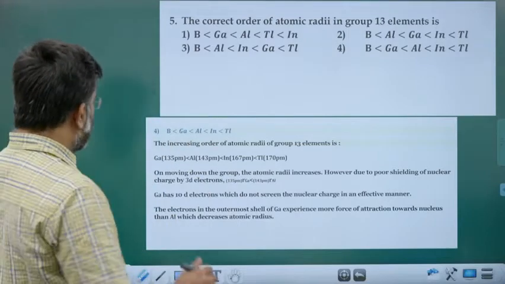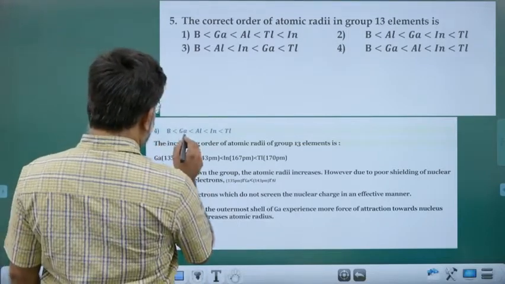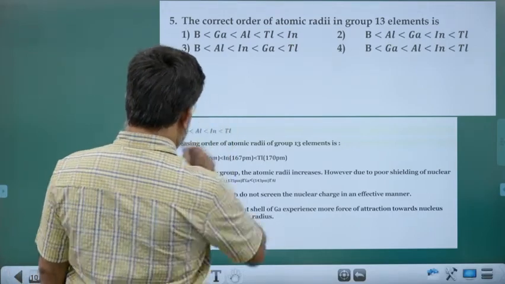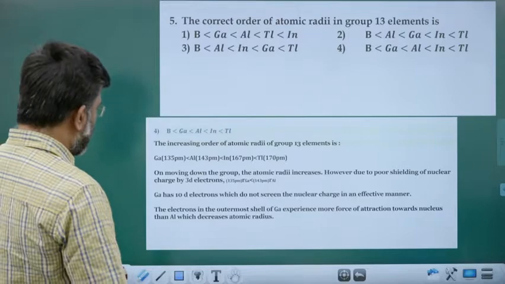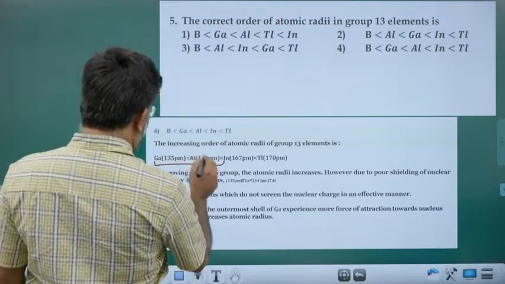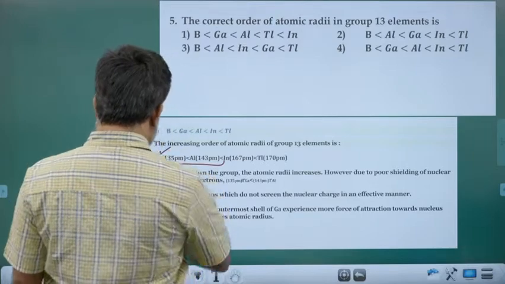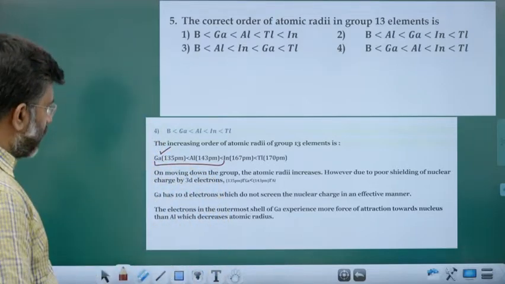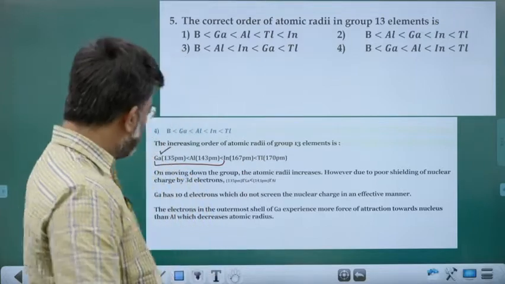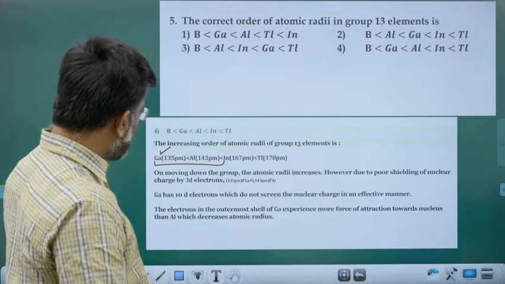It is boron, then gallium, then aluminium, then indium, and then thallium. Gallium and aluminium, 135 and 143. Why? Because in gallium there is a d10 configuration and the size decreases due to poor screening effect. Okay.